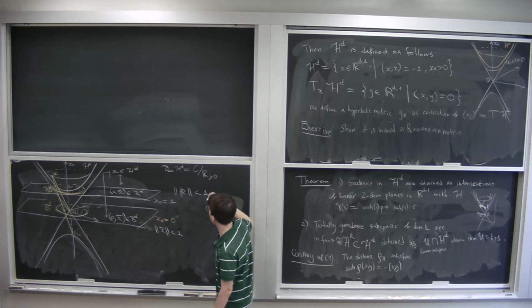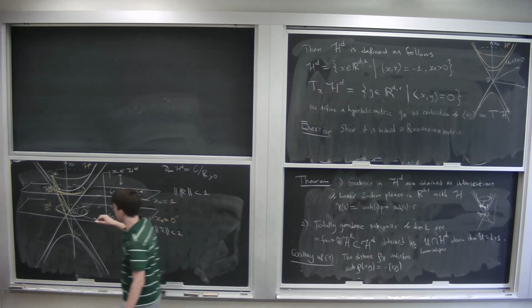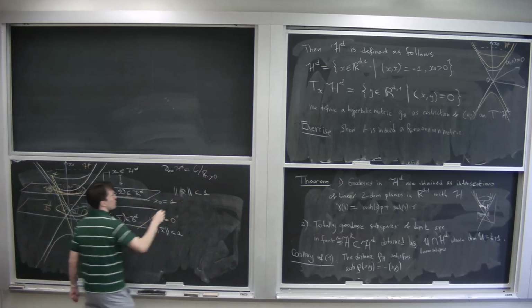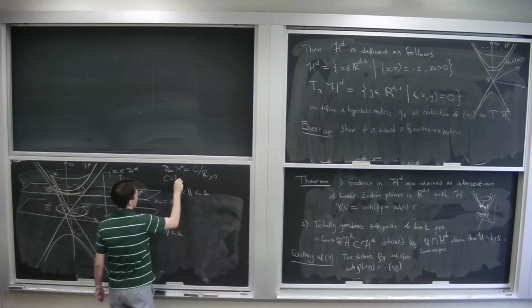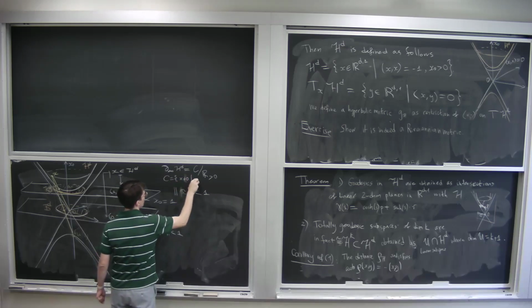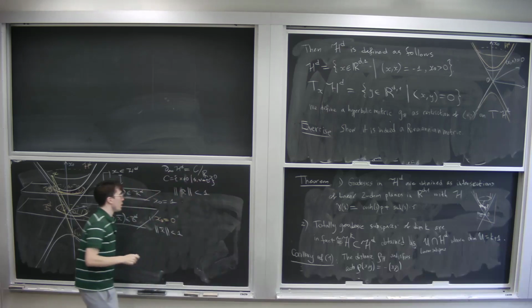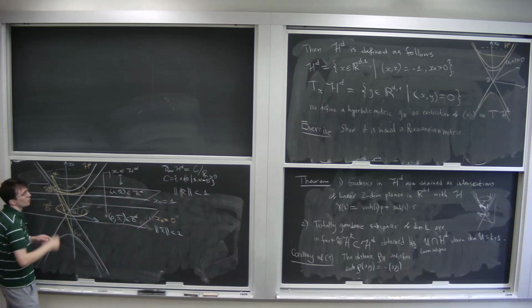Something like that. The point is that I'm taking the non-zero elements, where C consists of non-zero isotropic vectors. This is my cone, and I'm taking its quotient.